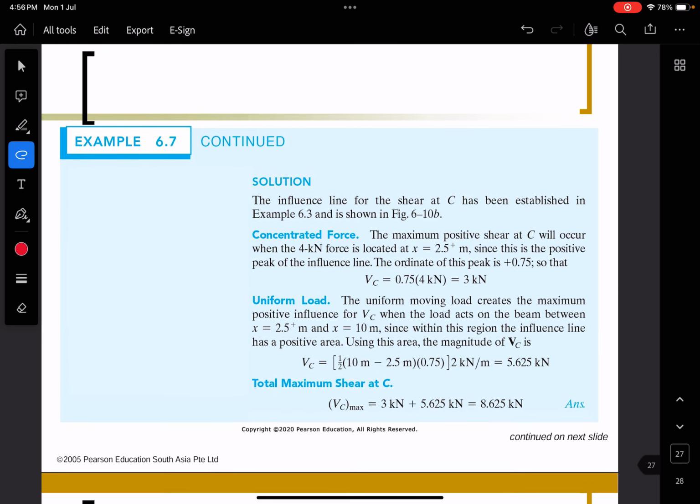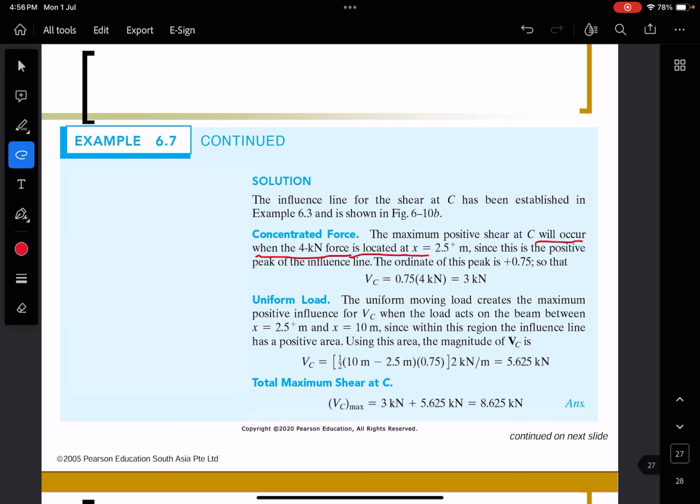Okay. So based on the diagram just now, the maximum will occur when the 4 kilonewton point load is located at x equal to 2.5 meter. Okay. Why do we choose this? Because this will create the maximum.